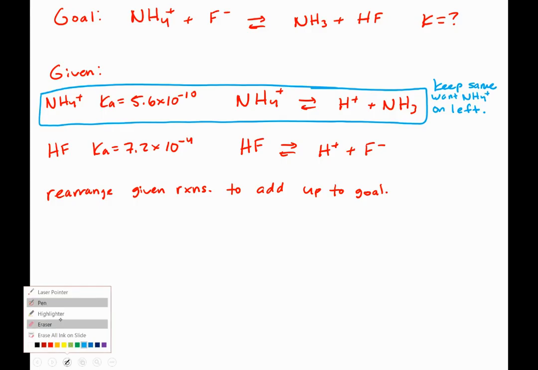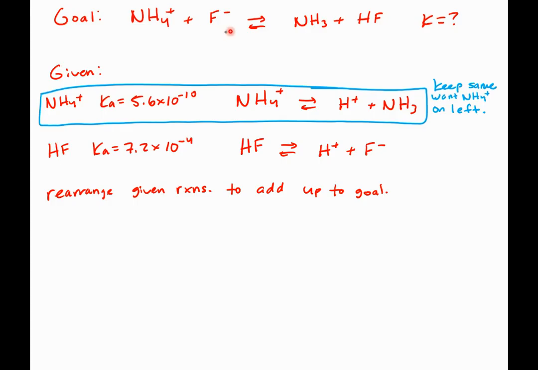Now we'll come back up to our reaction. What we next see is that F minus appears on the left-hand side of the equation. From the information that we were given with this Ka value, in this reaction, F minus appears on the right-hand side of the equation. We want it to be on the left in the goal reaction. And so that means that we need to reverse this HF dissociation reaction.